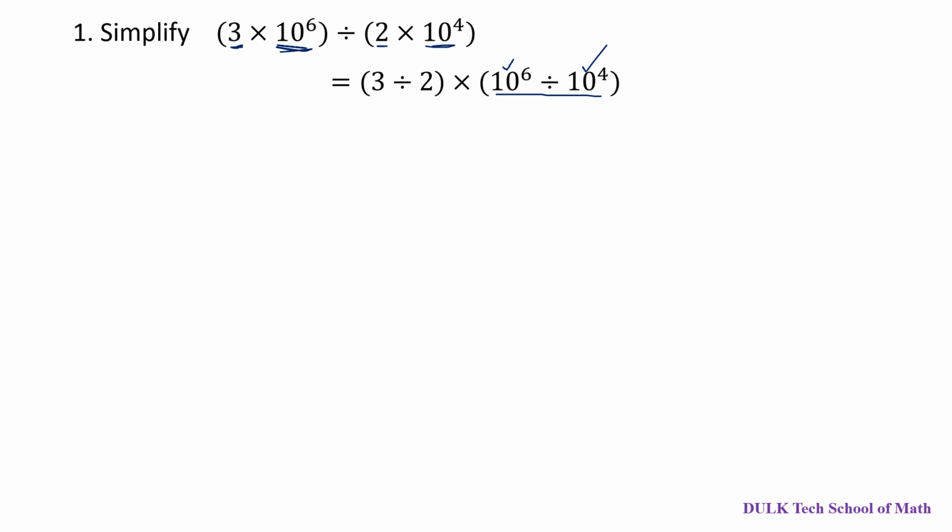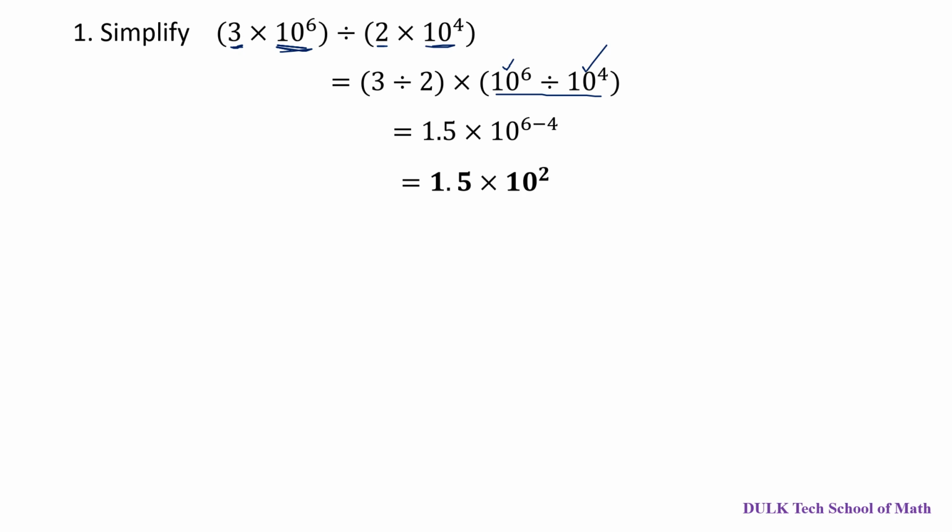So 3 divided by 2 is 1.5. Then it's 10 to the power 6 minus 4, and 6 minus 4 is 2, so our answer is 1.5 times 10 to the power 2, which is already in standard form.